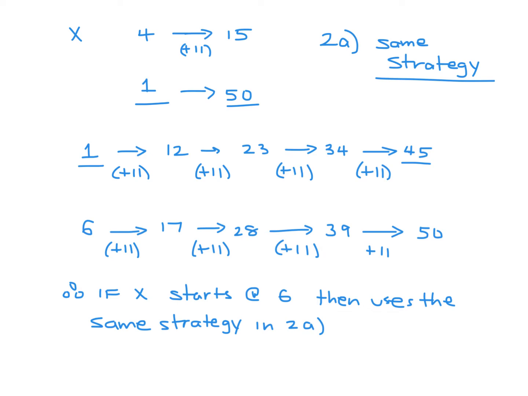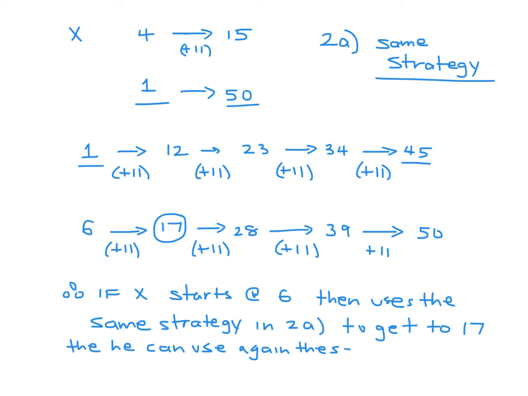Yeah, this is 2B, so the strategy we showed in 2A to get to 17, which is this guy right here. Then he can use, again, the same strategy to get to 28, 39, and eventually 50 to win.